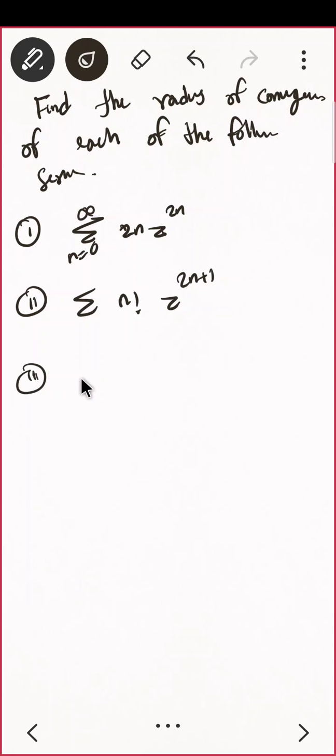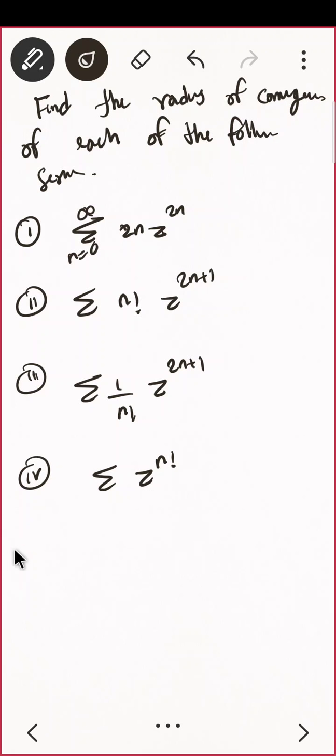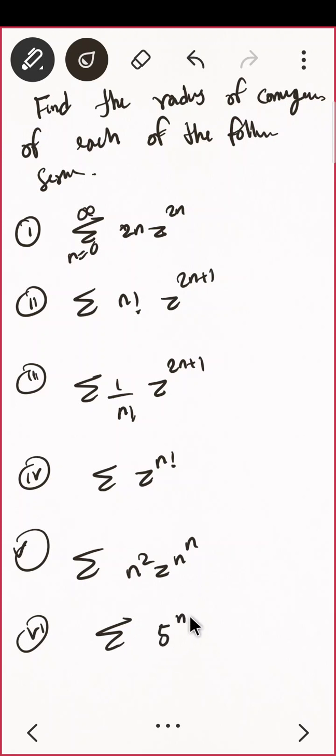Third, summation 1 upon n factorial z raised to 2n plus 1. Fourth, summation z raised to n factorial. Fifth, summation n square z raised to n raised to n. Sixth, summation 5 raised to n z raised to 3n. Suppose these are the questions you have. Write n equal to 0 to infinity here.